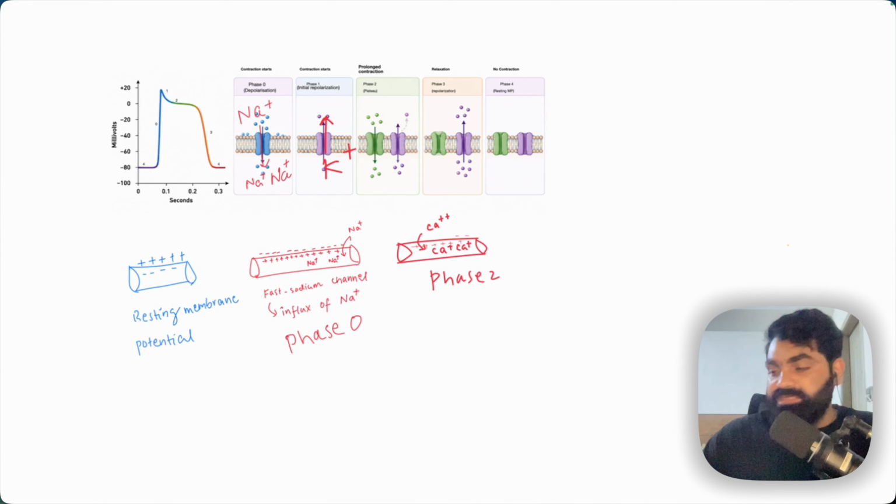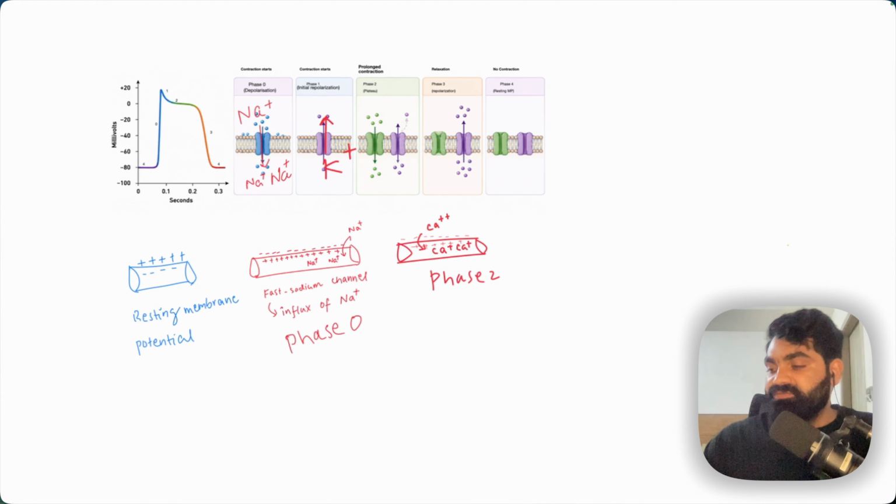If we talk about the plateau stage, this is important in the heart. We can see that a lot of calcium, contrary to skeletal muscles, goes inside the cell, and this will help prolong the contraction. The heart is contracted for a few milliseconds, so the calcium influx from outside to inside the cell helps in phase 2 for prolonged contraction of the heart.